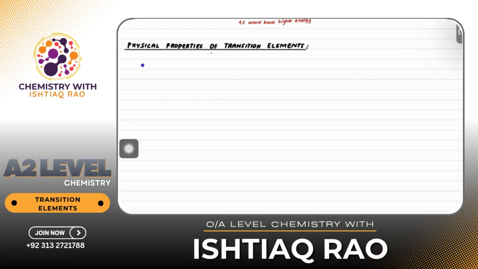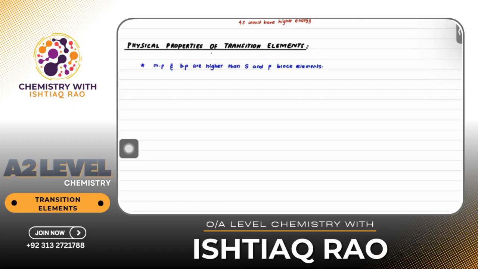Number one, I can say the melting and boiling points of transition elements are higher than those of S and P block elements.